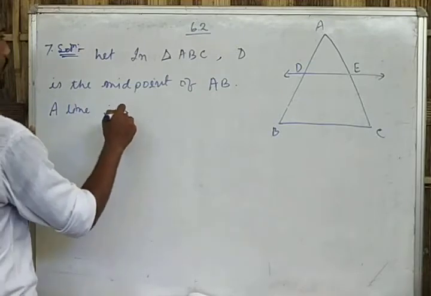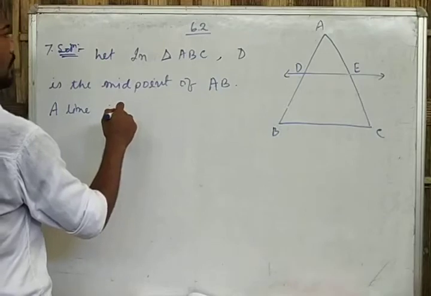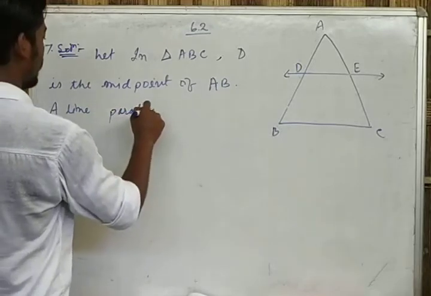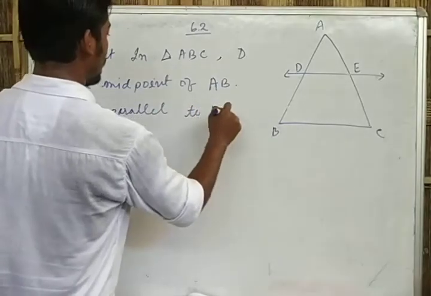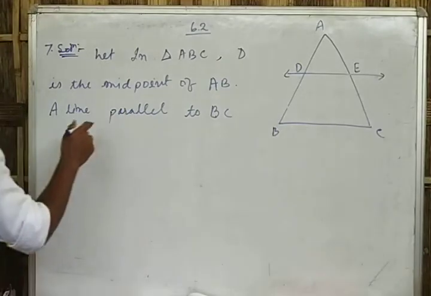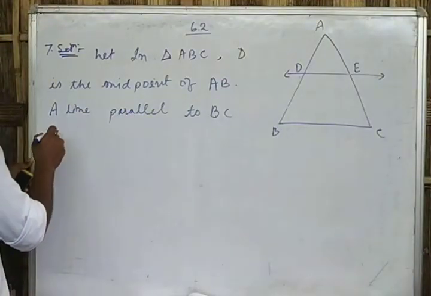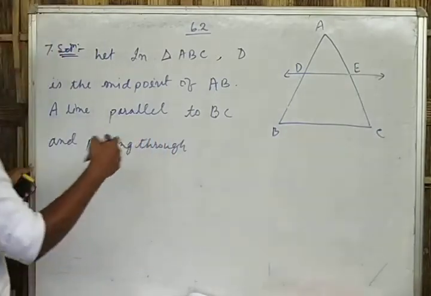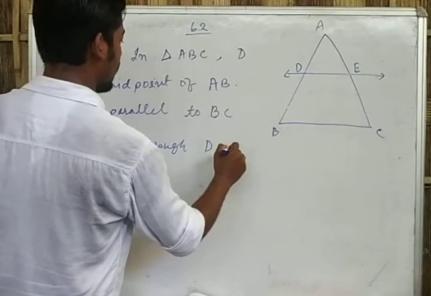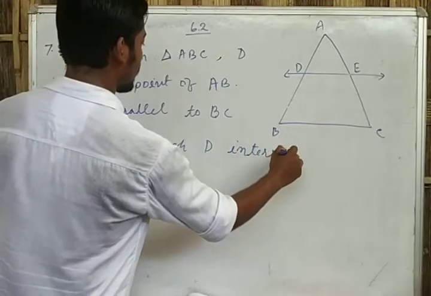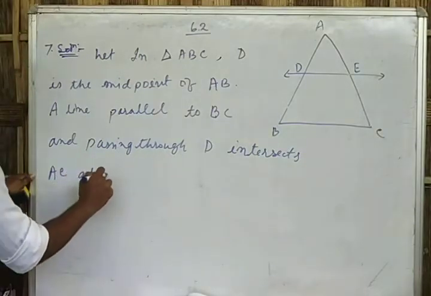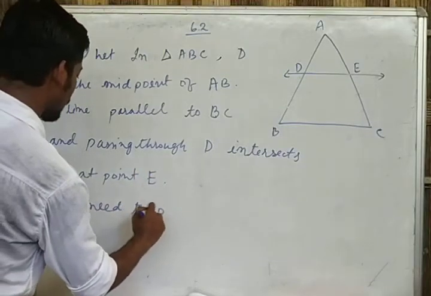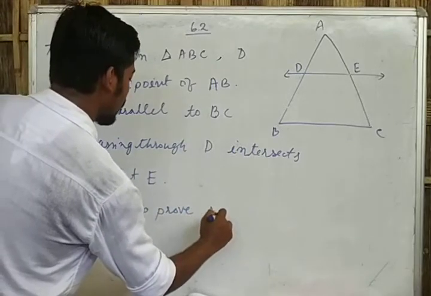A line parallel to BC and passing through D intersects AC at point E. We need to prove AE equals EC.